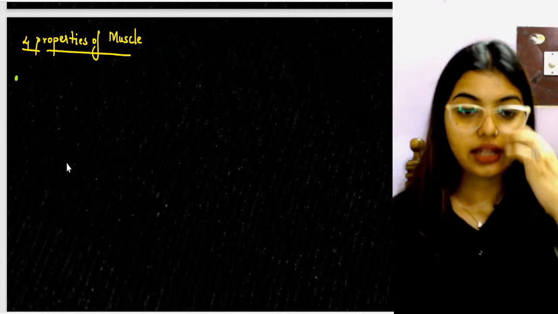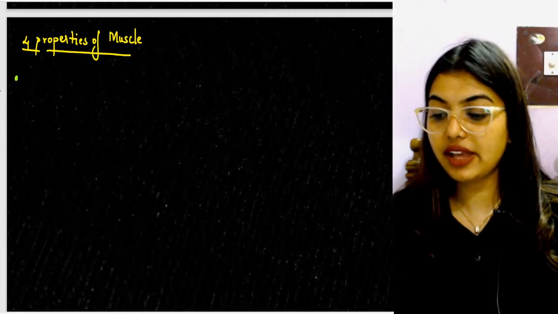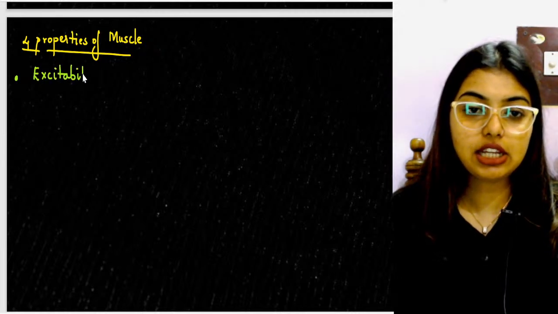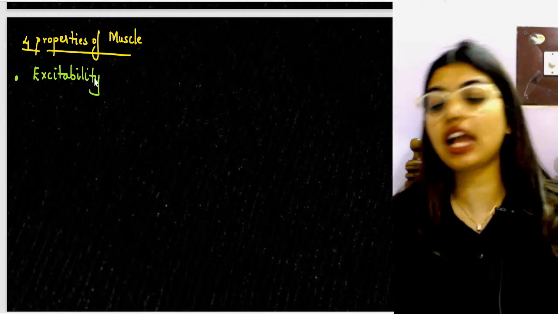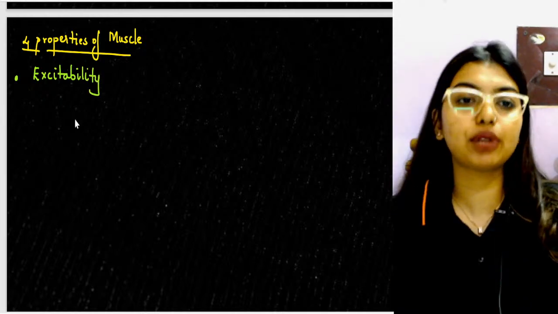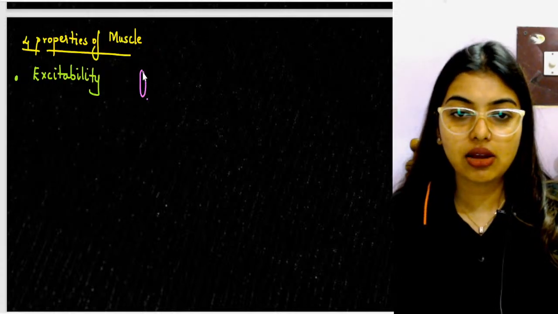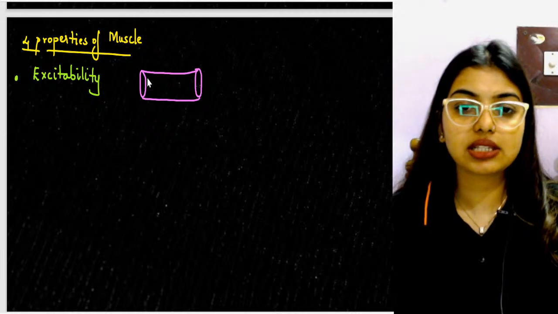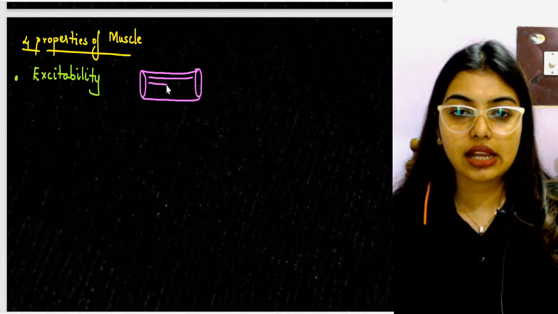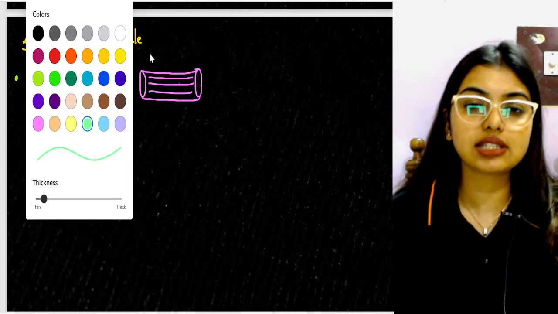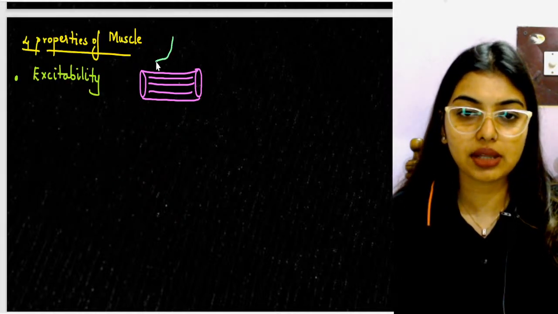Okay, now 4 properties of muscles. Very good, Panda. Excitability, ma'am. Excitability. That means ability of the muscle to take the action potential. What do I mean by action potential? See, this is the muscle. Let's say this is Panda's muscle. This panda's muscle is in a relaxed state, but suddenly the panda received a signal from the neurons, from the axon terminal.